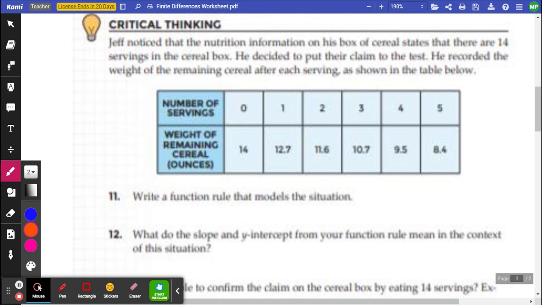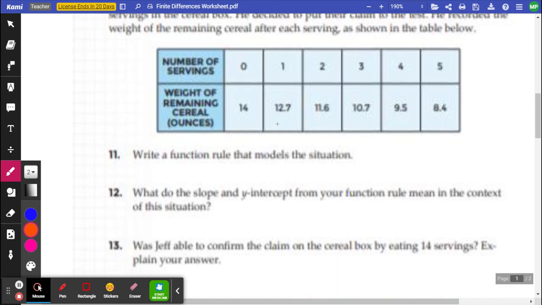Subtract it. Find the difference. 12.7 minus 14. Negative 1.3. 11.6 minus 12.7. Correct? 10.7 minus 11.6. What is it?